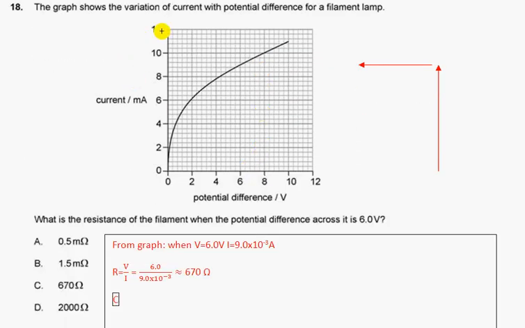The graph shows a variation of current with potential difference for a filament lamp. What is the resistance of the filament when the potential difference across it is 6 volt? So we use the graph. 6 volt corresponds to 9 milliamperes.